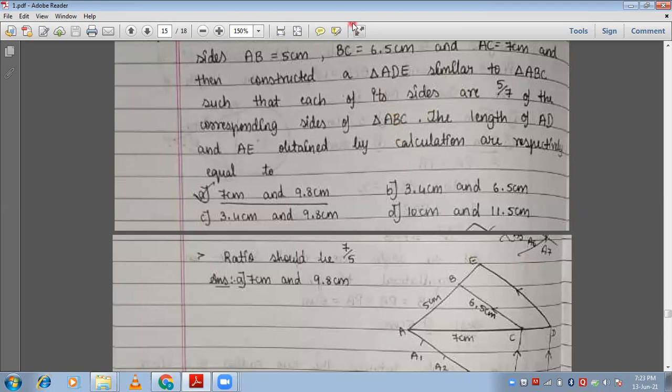This one is very important. So here, AC is 5 by 7 times of AD. So AC by AD is equal to 5 by 7.